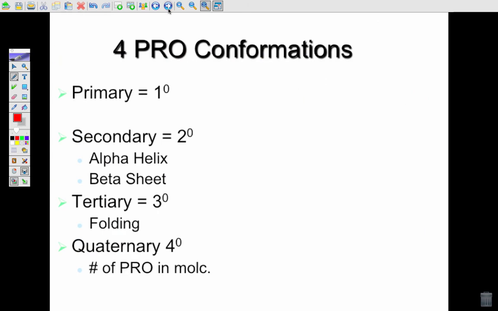Proteins have 4 different conformations. Those conformations are like arrangements, or how the proteins are put together. All proteins have a primary conformation. The 1 with a degree symbol here just means primary, and the 2 with a degree symbol means secondary. The primary conformation is simply the sequence of amino acids.